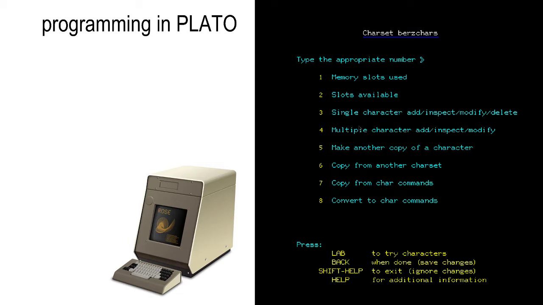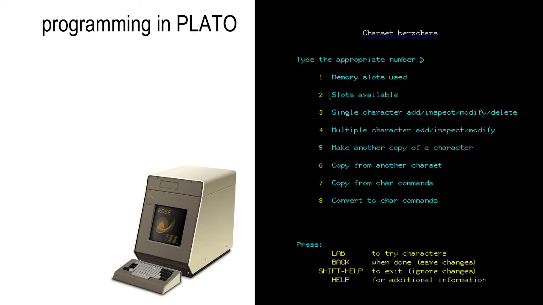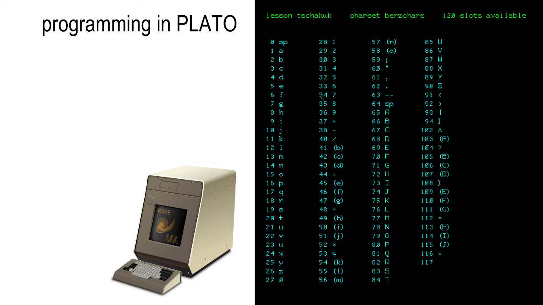Now, we can look at various things like, okay, how many slots in my character set have been used. You can see individual animation cells here, plus my Berzerk, plus my human character here. You can see what slots are actually available.